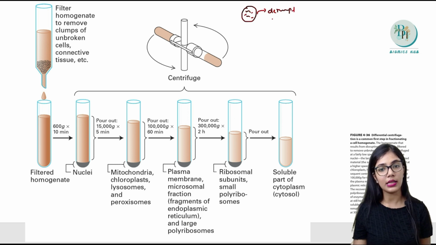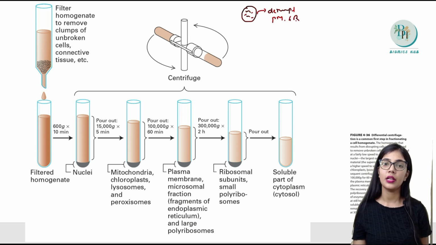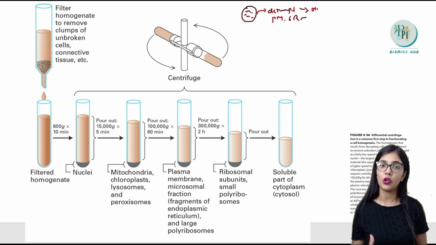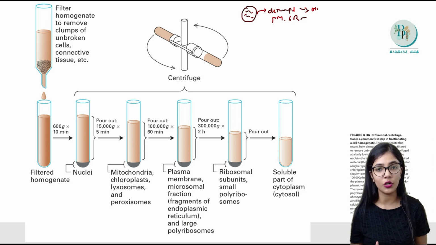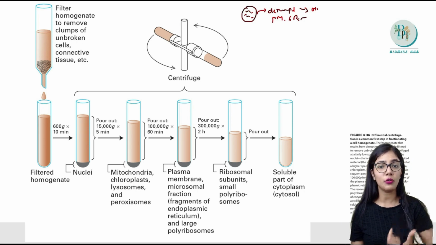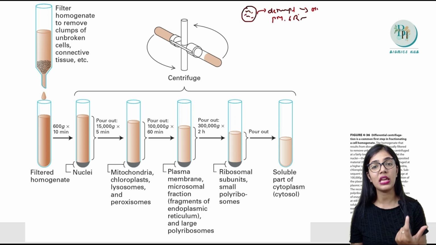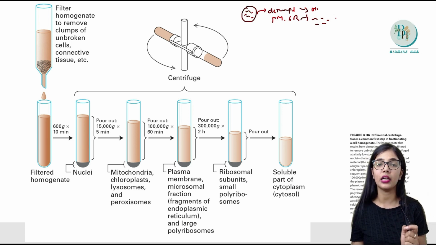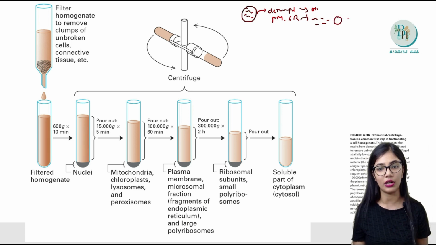When we disrupt the cell, the plasma membrane as well as the ER membrane will not remain in intact form, because for this disruption we give ultrasonic waves, or we can give osmotic pressure, or we can simply blend it for breaking. The plasma membrane and ER membrane will be in small fragments, and the small fragments can convert into small vesicle-like structures.